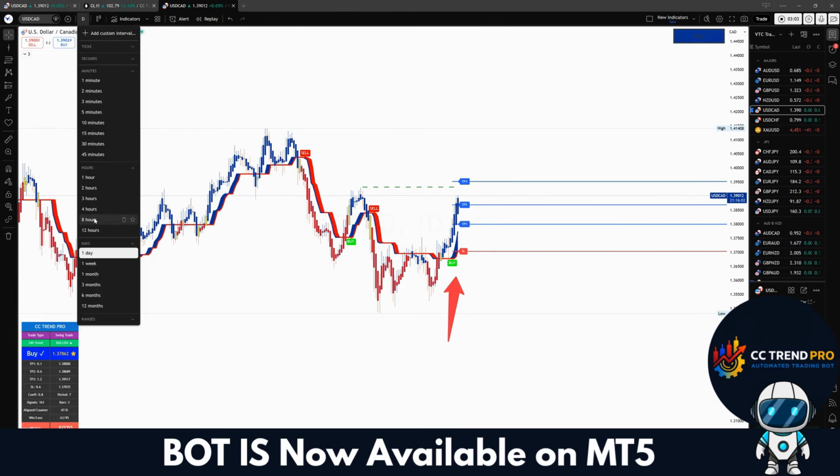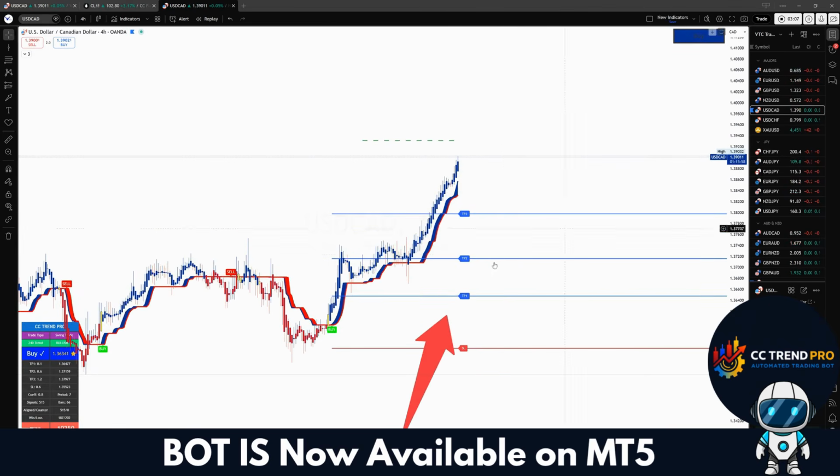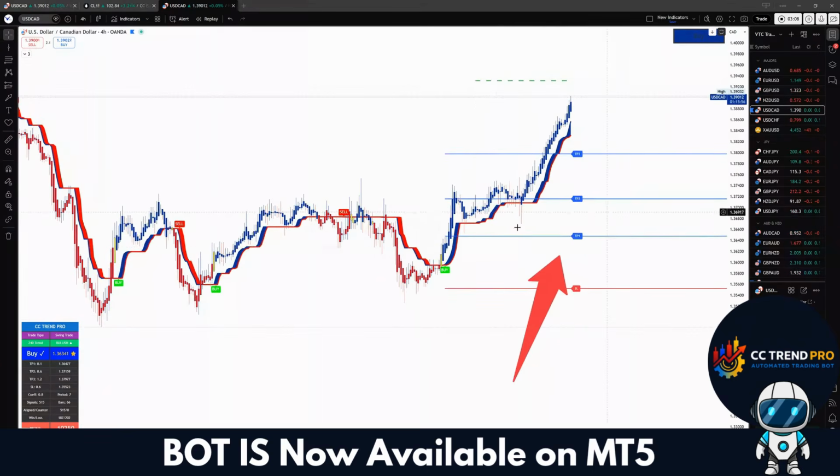Now if we go to the 4-hour time frame, you can see that the 4-hour time frame is also bullish. If you use the 4-hour time frame as your directional bias, that means your entry time frame, which could be the 15-minute or 1 hour, is where you're going to be looking for an entry.